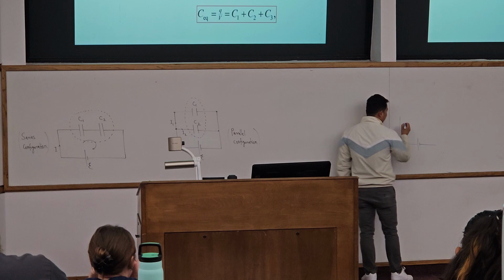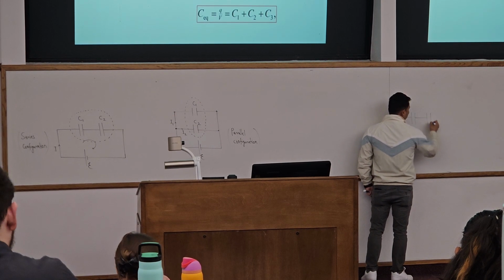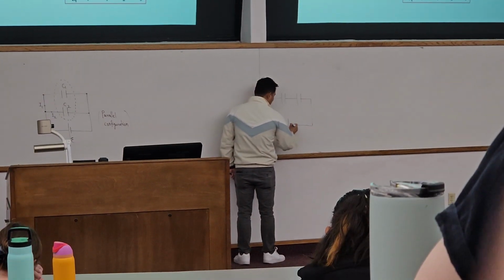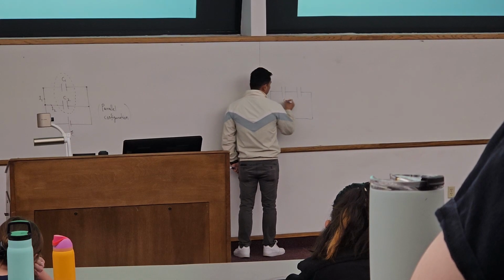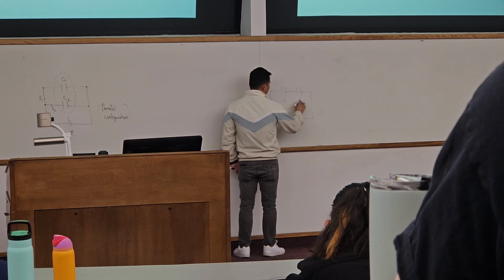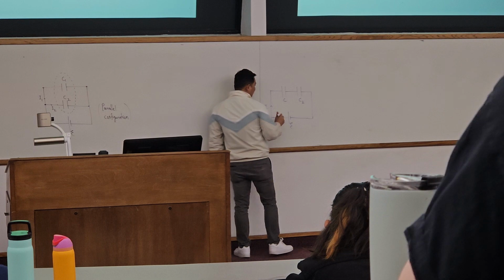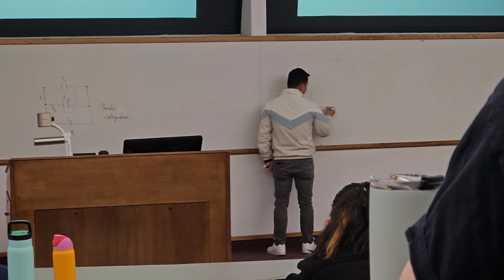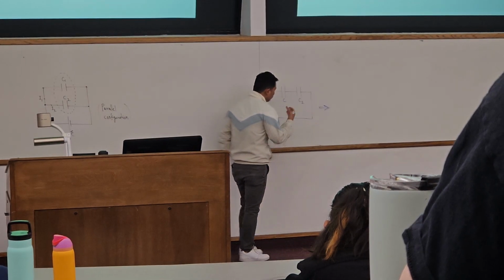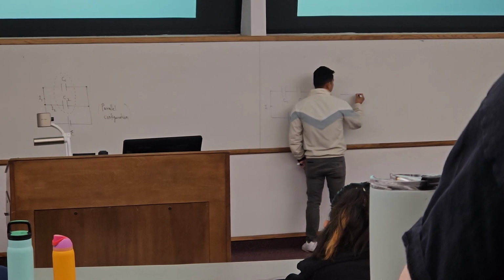If you have a series configuration like this, with C1 and C2, I want to simplify this. In place of two capacitors, I just want to have a single capacitor in the circuit.